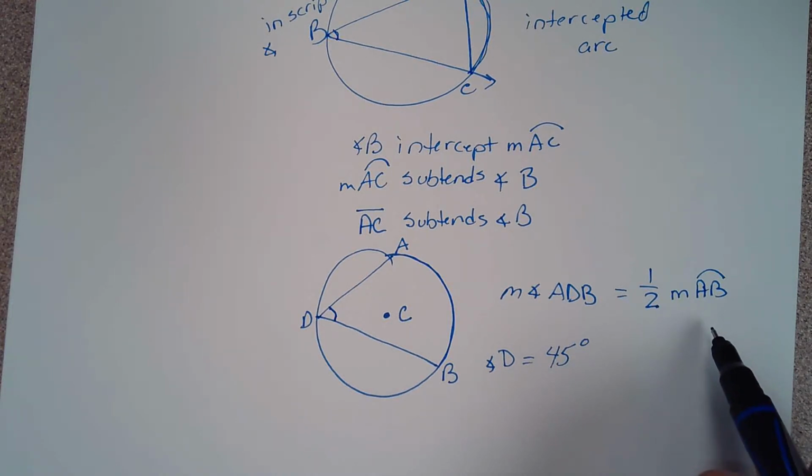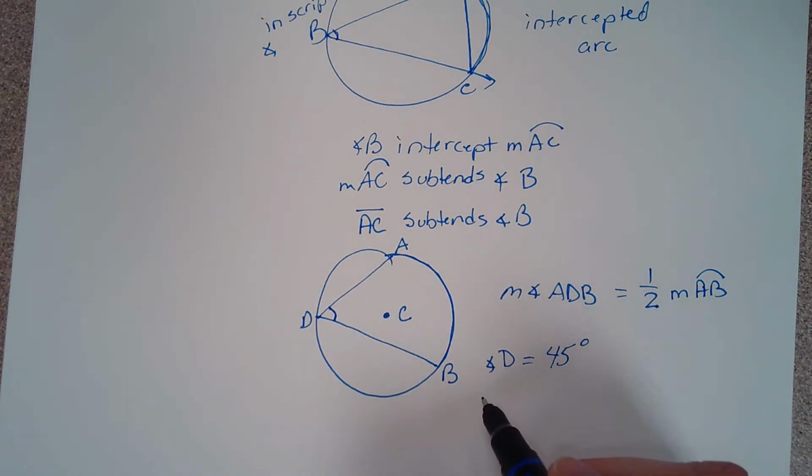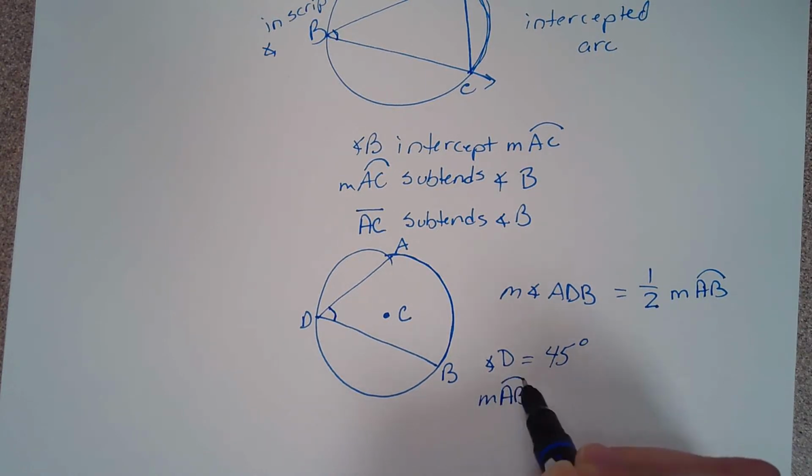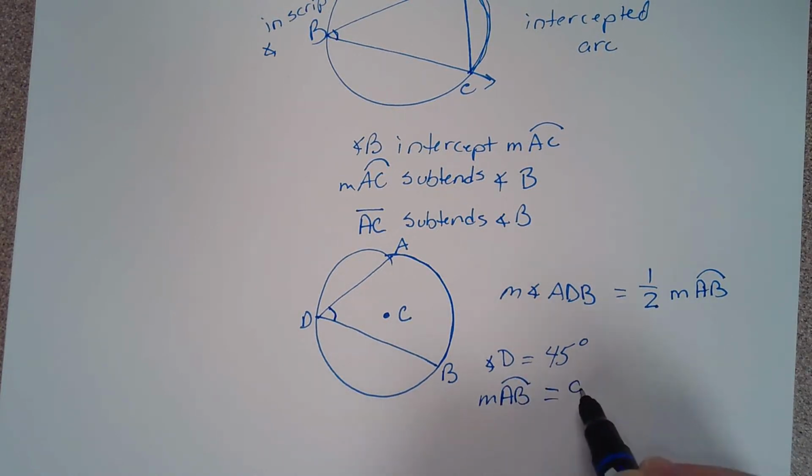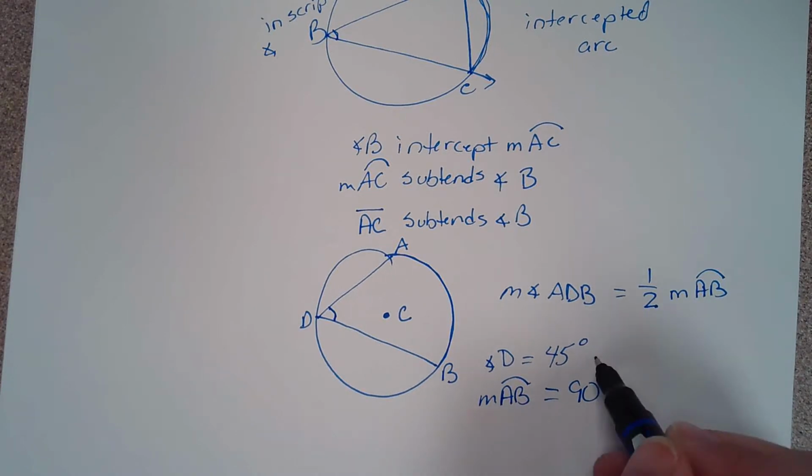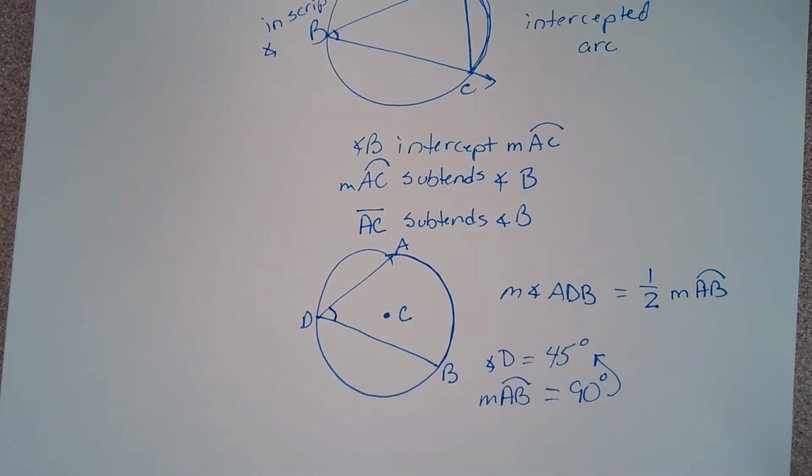I'm sorry, the reverse. It would be double that. My apologies. So that means the measure of arc AB would be 90, because it would be double whatever the angle is.